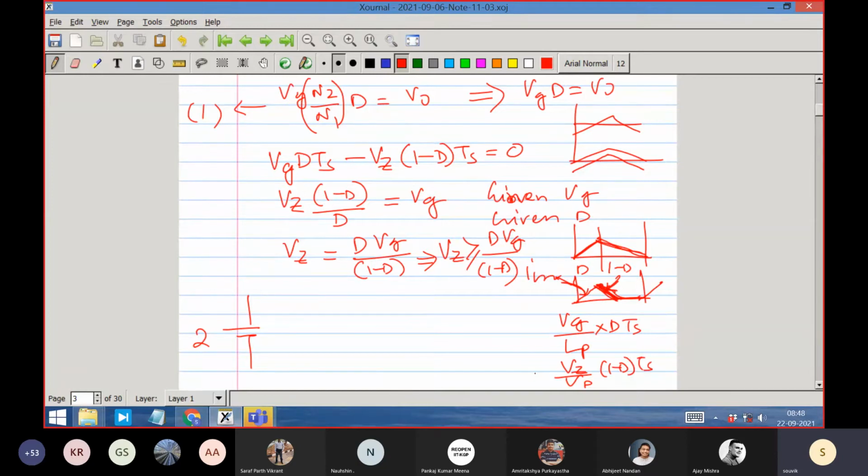That is equal to Im peak. So from that Im peak, this will be minus, this will be the current. This part of the current will at least make it come down to 0. If this part of the current is more, then it is coming down to 0 faster.